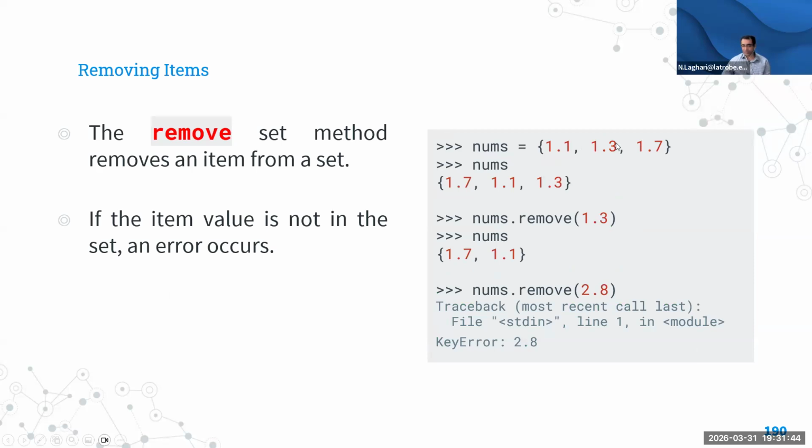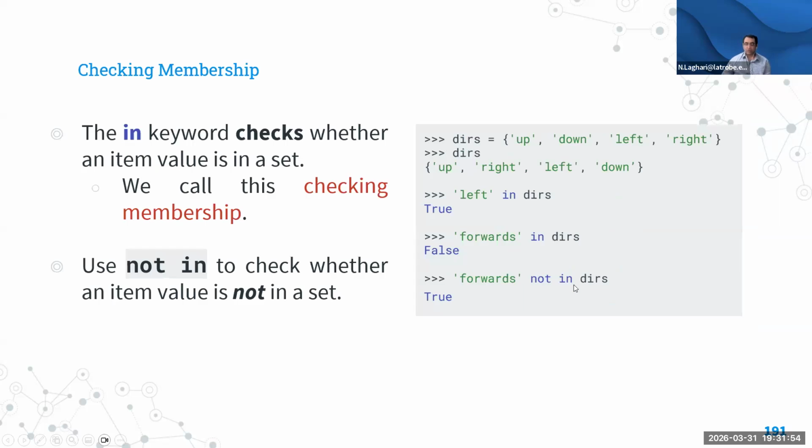So that's why, if you want to access or find anything specific, you have to mention that item name or item value specifically. One way is to first check using the in keyword. For instance, say there are directions up, down, left, right, and you want to check whether left is in dirs.